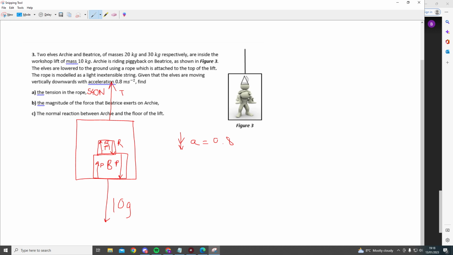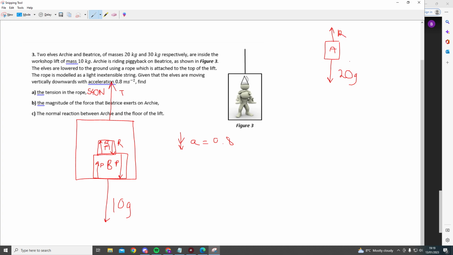Now the problem is, we have to consider the forces acting on A in order to find this. So the forces acting on A are the weight of A, which is going to be 20g, i.e. 20 times gravity, and the force that B exerts on A as it pushes up, which is R.